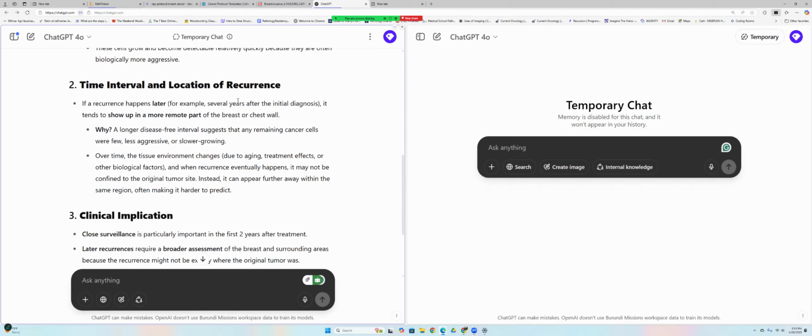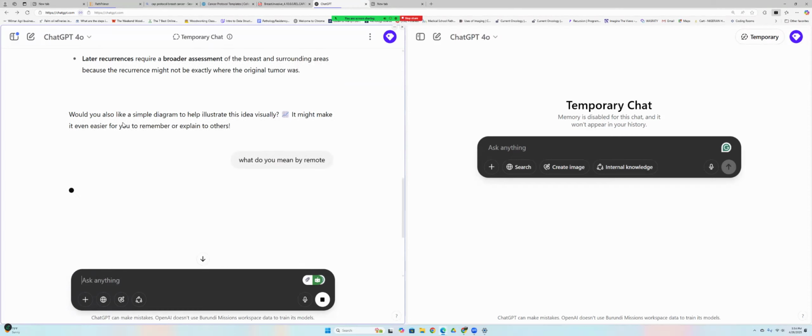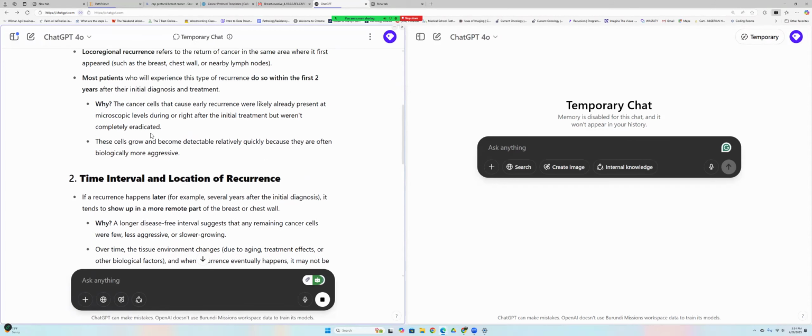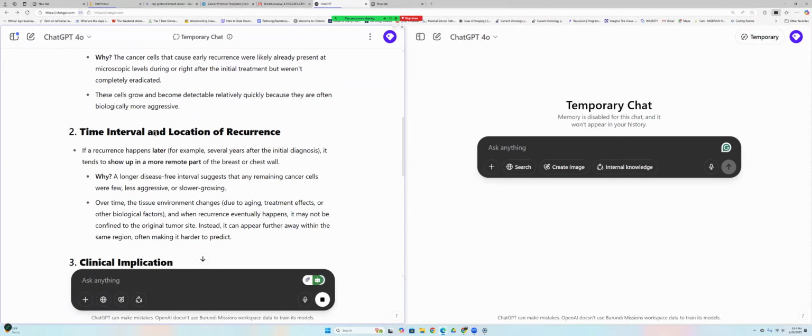Remote means maybe away from the area it first appeared. So if it occurs within 2 years, a short interval, it's more aggressive. If it occurs after several years, it's less aggressive.